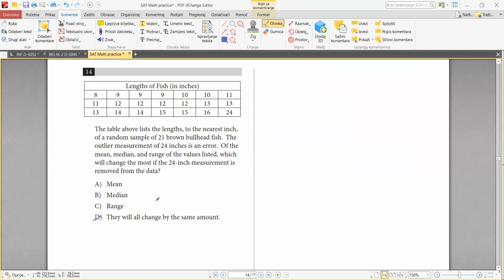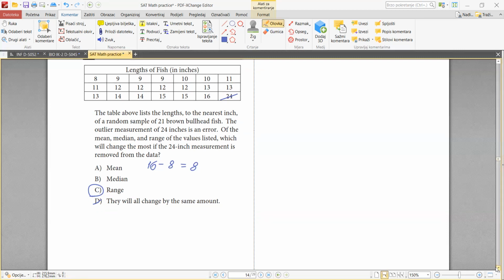Mean and median will change slightly, and range will change the most. Because if we remove 24, range becomes 16 minus 8, which is 8. Otherwise, with 24 included, range would be 24 minus 8, which is 16. So this change will be very, very visible.